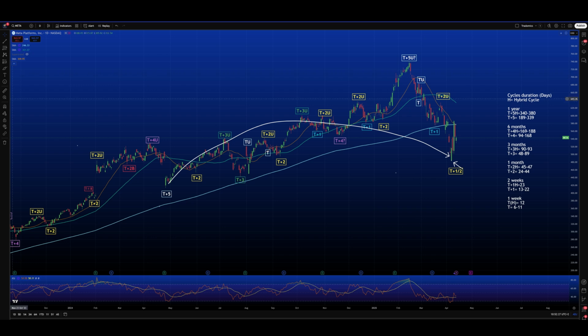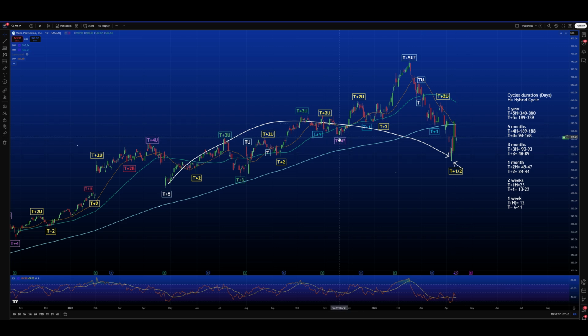We have already had more than the minimum duration, though we still have 39 bars, but it's highly likely that from this top we have a T plus 5, because we still need 10 days more to say this will be the beginning of a new T plus 5. So let's see whether we will have a bounce that will go higher than the moving average 200.